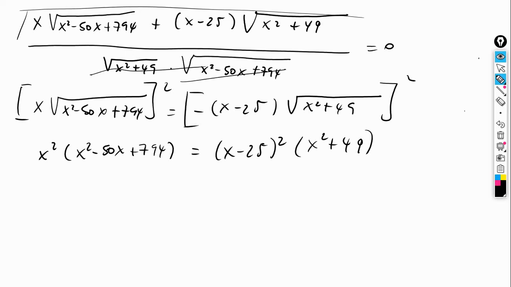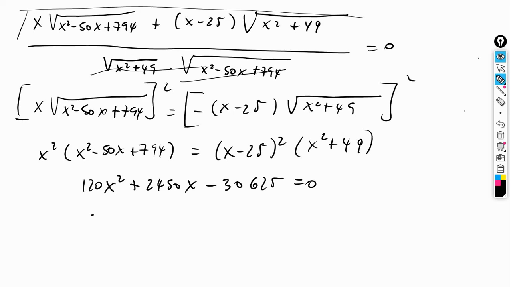And then if you multiply and expand all this and then rearrange and all that, you guys know how to do all that, you're going to get 120x squared plus 2,450x minus 30,625 equals 0.